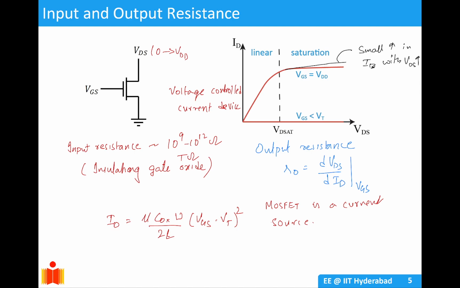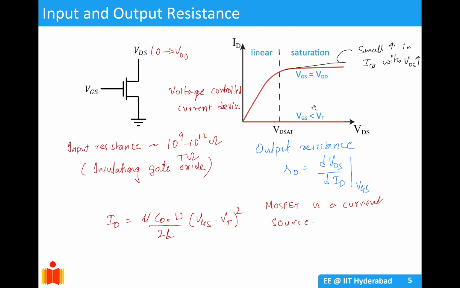Next we talk about input and output resistance. The input resistance, that is the resistance looking into your gate, is very high, in the 10 to the power 9 to 10 to the power 12 ohm range, that is the tera ohm range, and that is due to your insulating gate oxide in the middle.